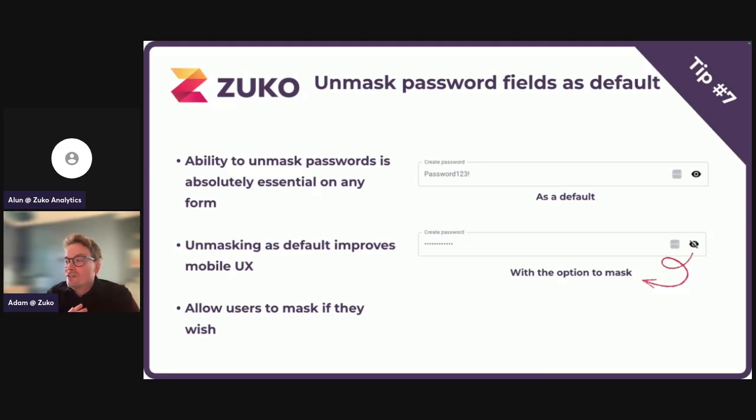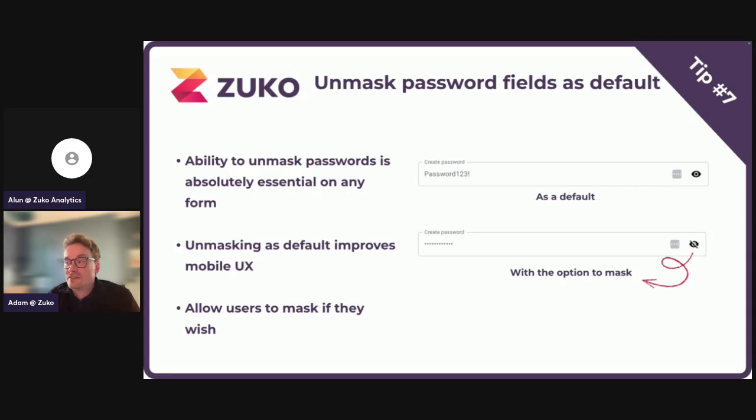The idea of masking harks back to the days of internet cafes, where you're in a less secure location and want to mask your input. Completely get it. However, now that we're using our phones more, and they are potentially more secure because it's a more personal environment, you might want to consider unmasking as a default.